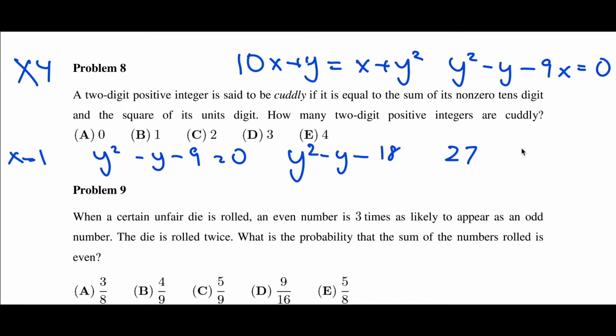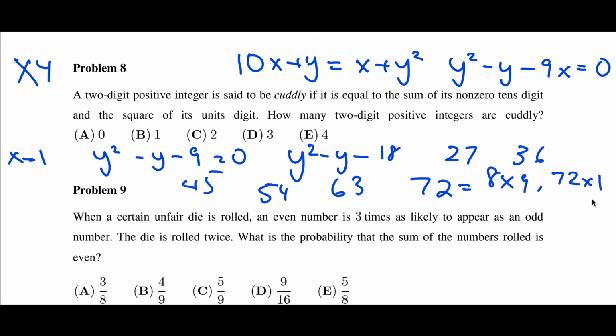And for 4, you would have 36, and that wouldn't work. And for 5, you would have 45, and that wouldn't work either. For 6, you would have 54, and that doesn't work. 7, you have 63, and that doesn't work either. Until you have 8, that's 72. That 72 can be broken into 8 times 9, and 72 times 1, and so forth.